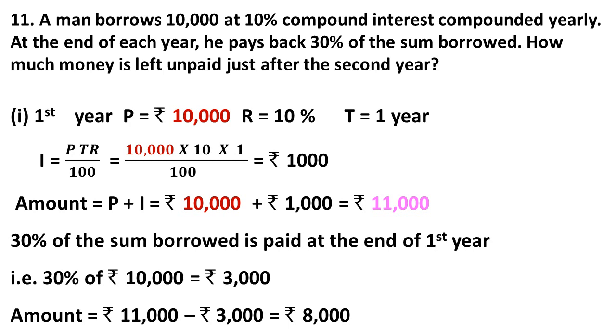Regularly, we consider the amount at the end of the first year as the principal of the second year. But if he pays back or if any adjustment is given in the question, then before going for the second year, complete the given adjustment and calculate the actual amount due for the next year. So in this problem, after the first year, the amount due is equal to rupees 8,000.